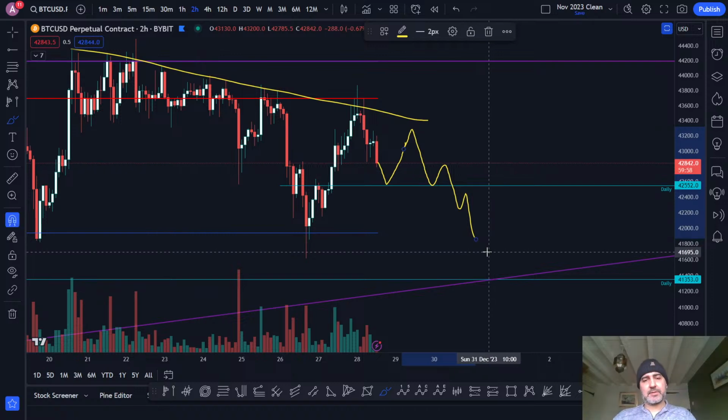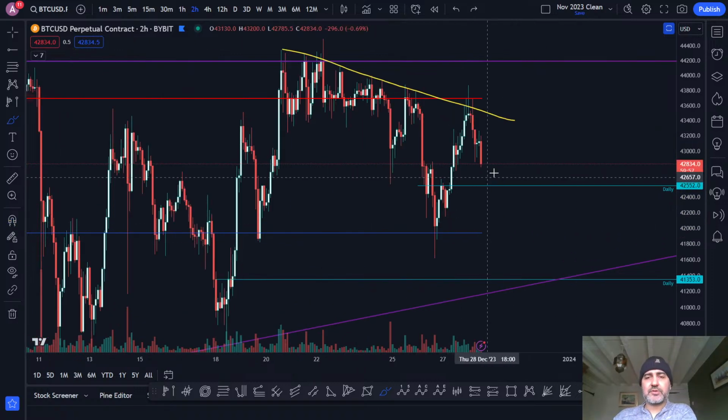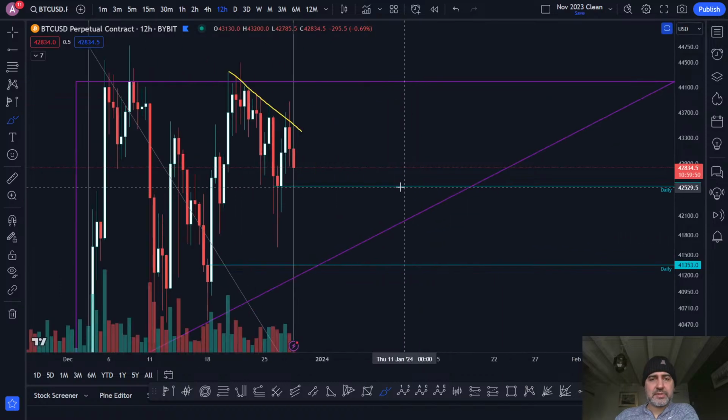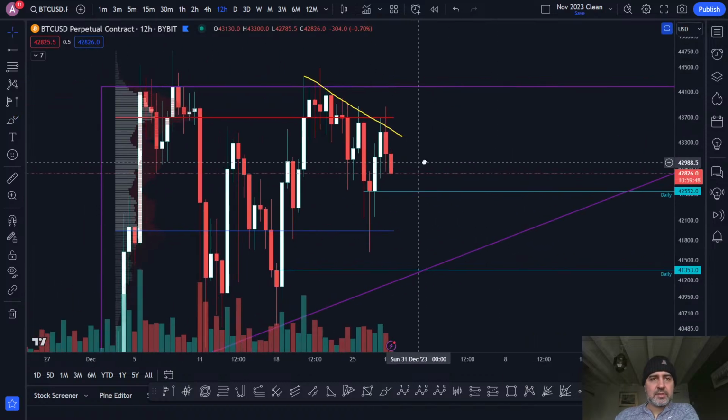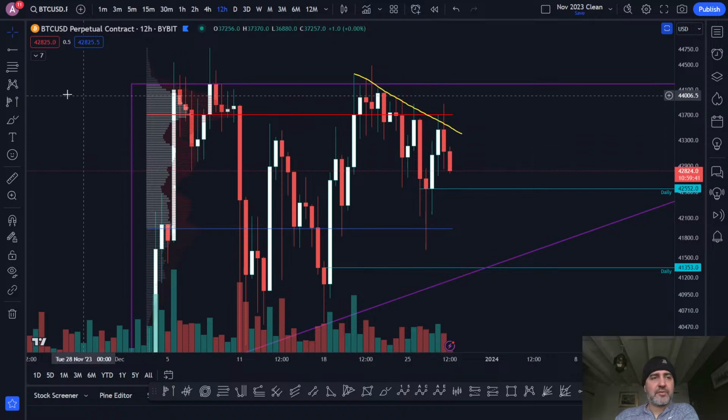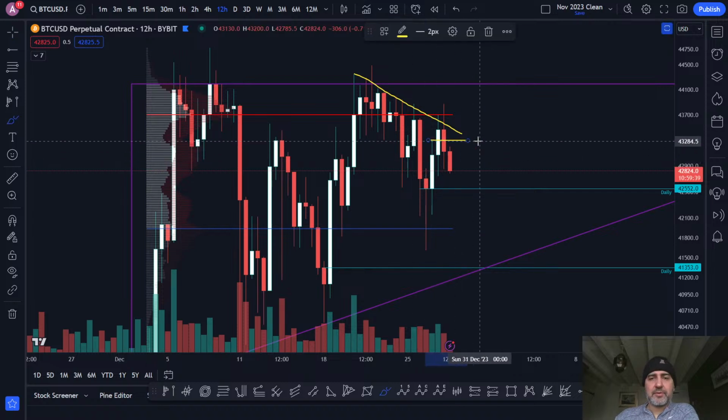I could do that if there's no interest here, and actually I don't know if there is, because on the 12-hour time frame, this is like a reversal pattern here. See that? The 12 hours closed above that wick. Now it's taken the liquidity up there and it's coming back down.